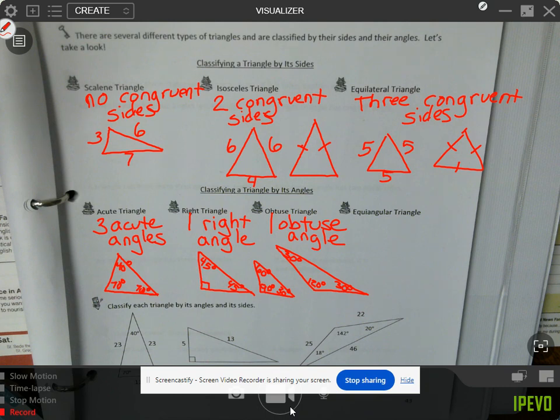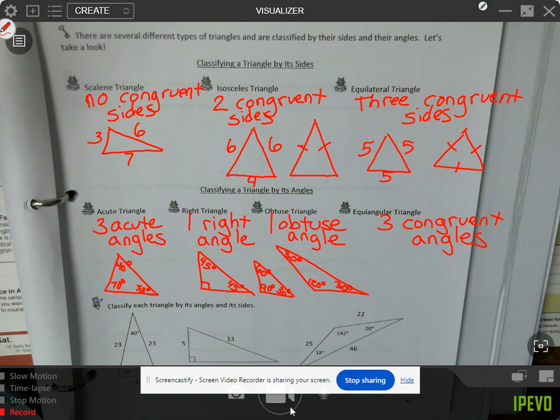What is an equiangular triangle? James? It's a triangle where all the angles are the same. There are three congruent angles. Could I put 40 degrees, 40 degrees, 40 degrees? But they're all congruent. They're all 40 degrees.